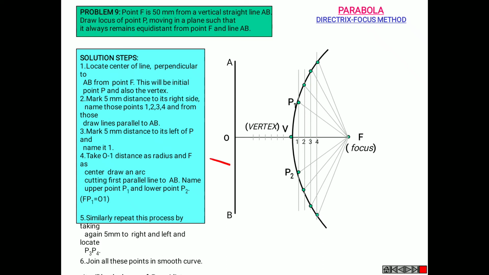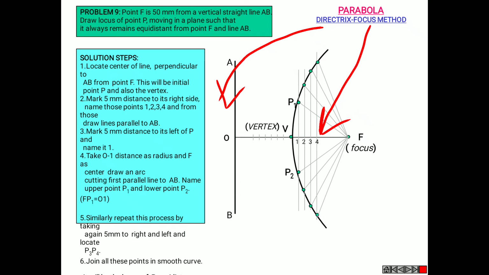This line is called directrix, and this line is called focus.